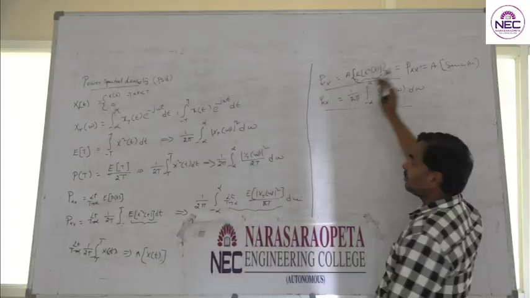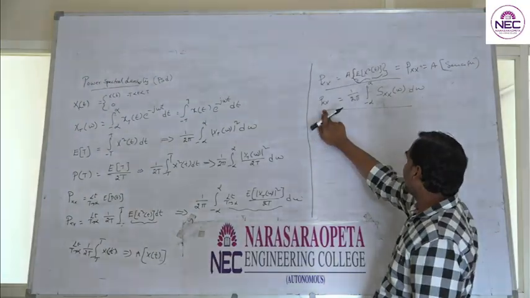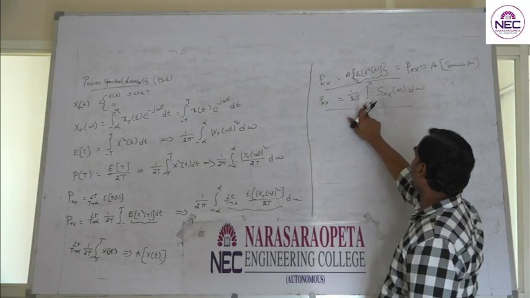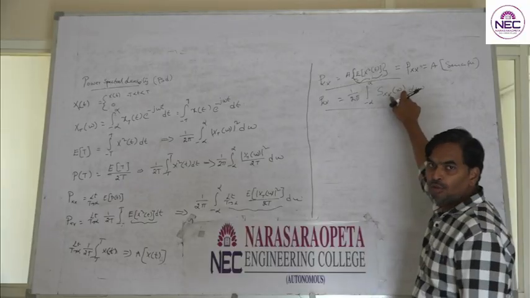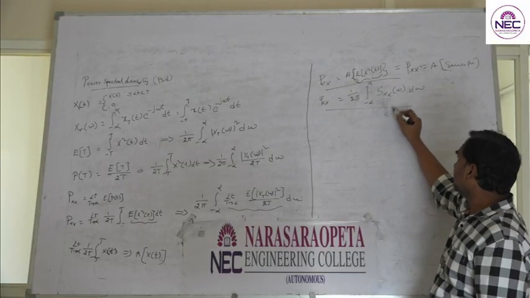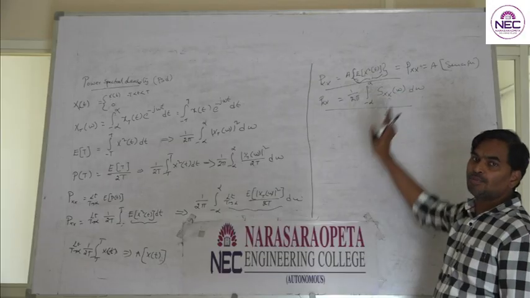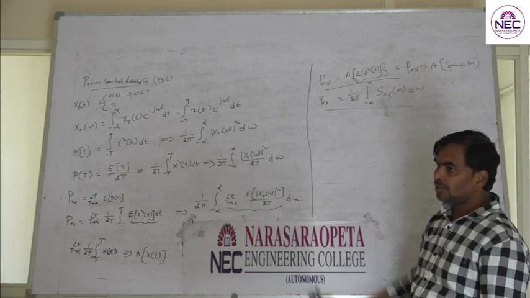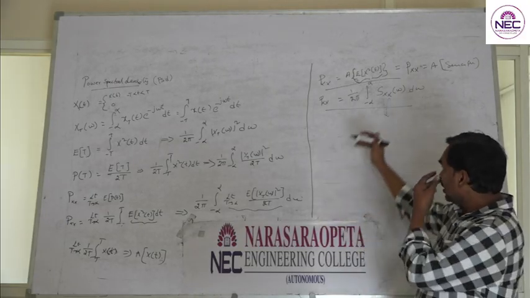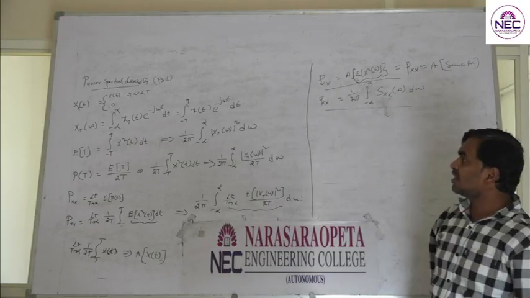Similarly, the next one: Pxx is equal to 1 by 2 pi integral minus infinity to infinity Sxx of omega d omega, and here Sxx of omega is the power spectral density. So this is the overall expression of power spectral density.